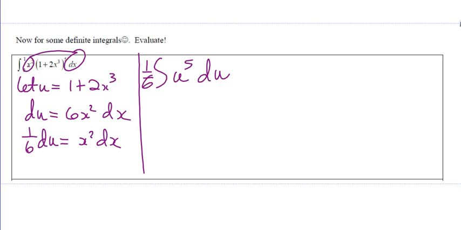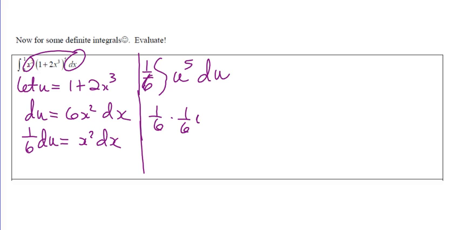This antiderivative is easy to find, right? It'd be 1/6 times 1/6 u to the 6th plus c, or u to the 6th over 36.